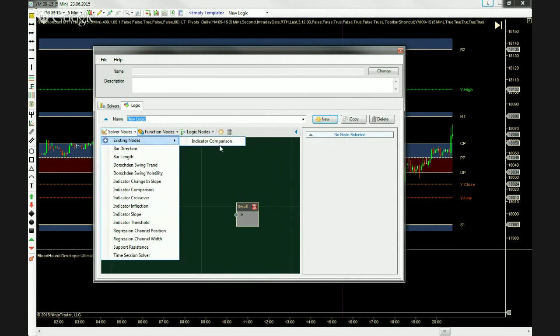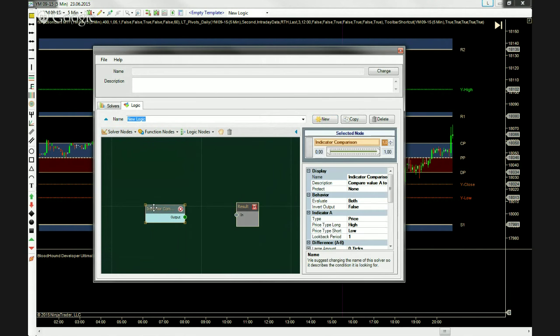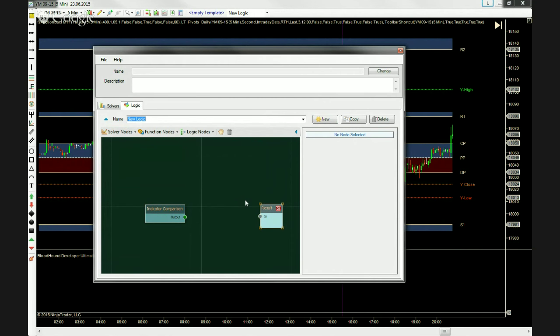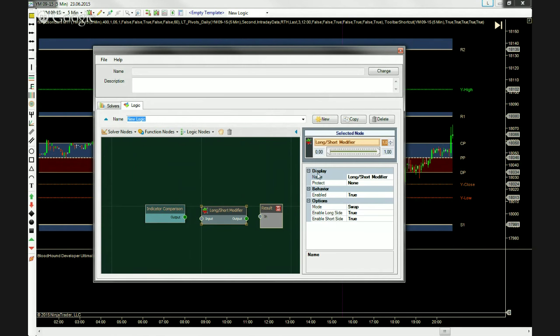So let's find our indicator comparison. It's here. And we can add a function node, which is called the long short modifier. That will get rid of all the unnecessary noise that we don't want.